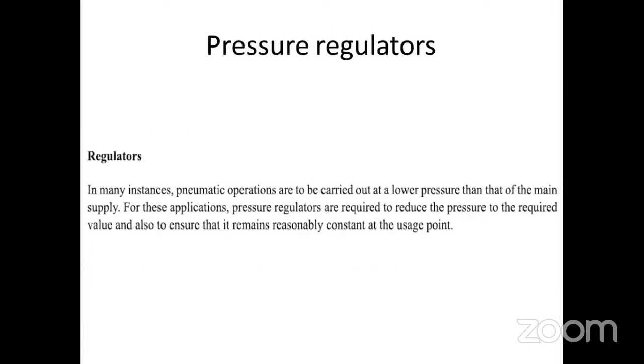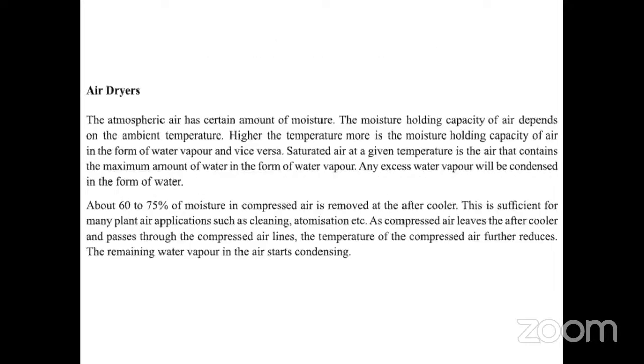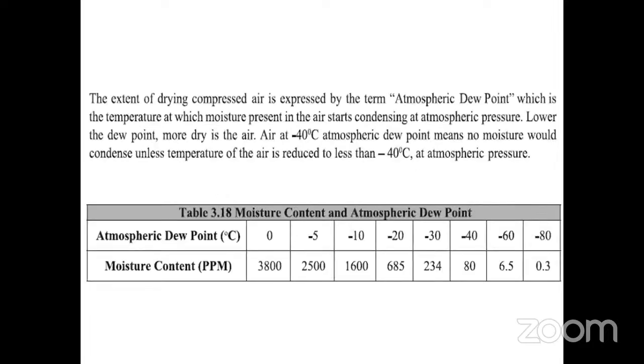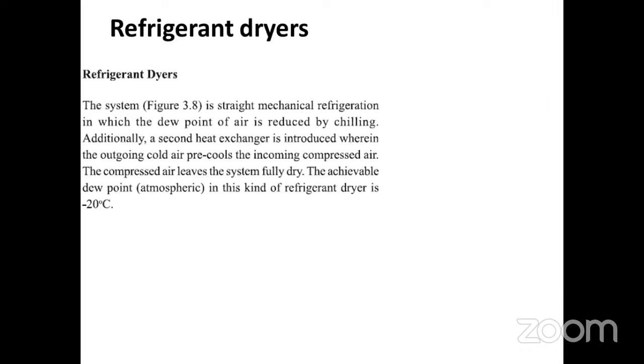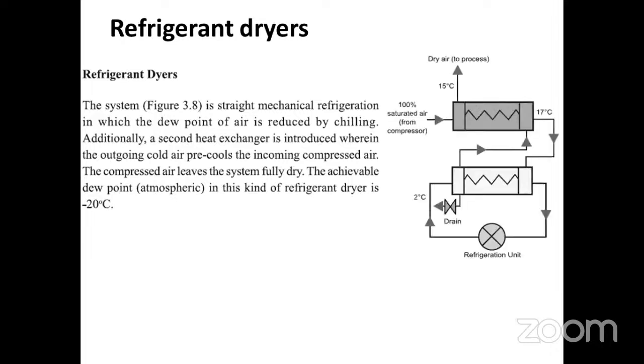Okay. So pressure regulators, lubricators, air dryers, everything atmospheric. This one we have seen or not? I don't think so. We have not seen it. Refrigerant dryer. There are many types of dryers, sir. Refrigerant type is cooling the air, sir. Cooling the air, the dew point is reduced so that the water gets condensed.